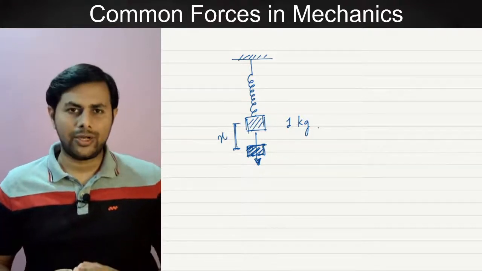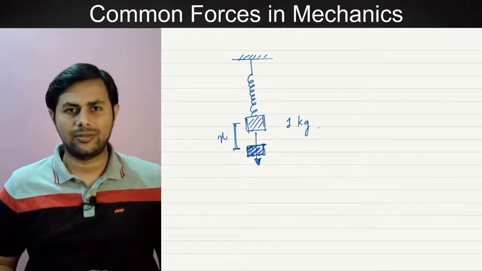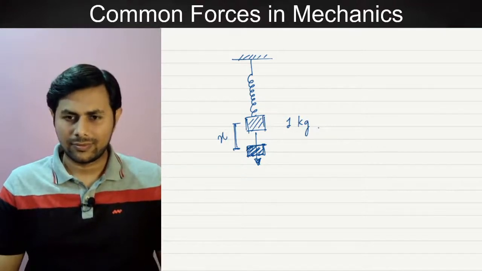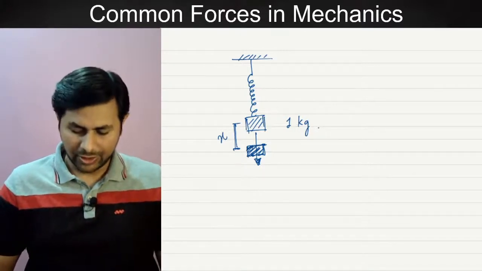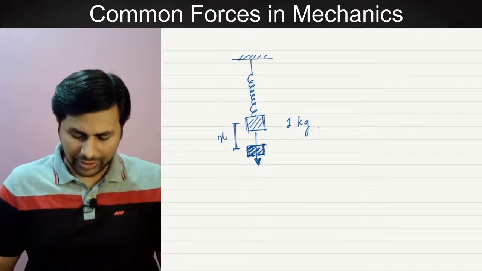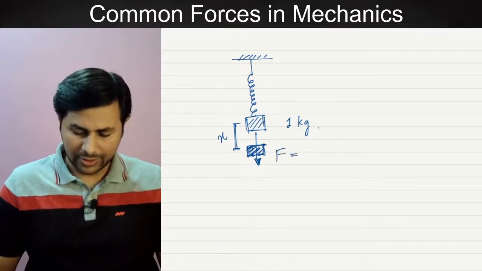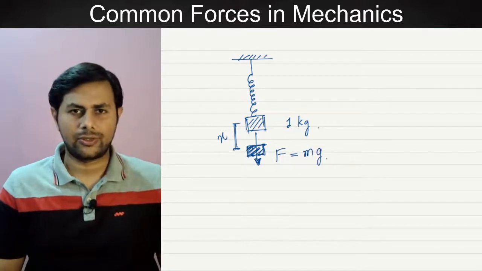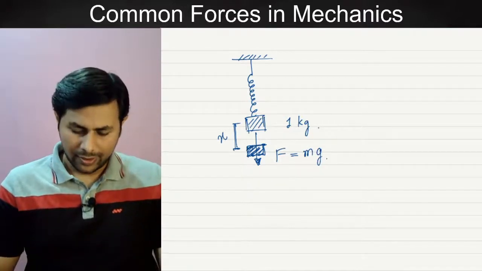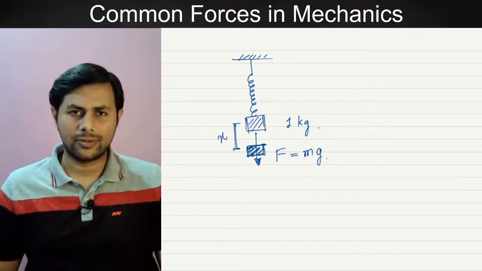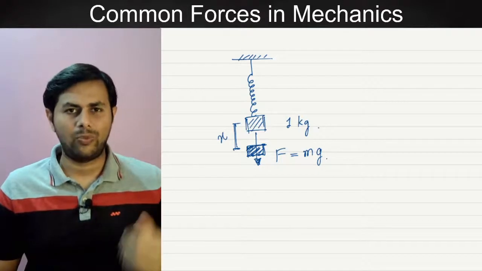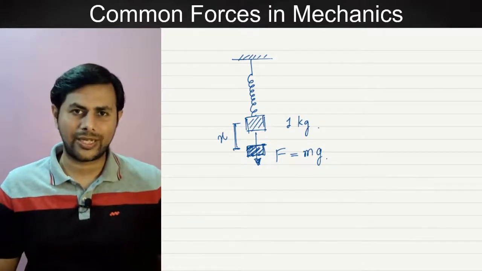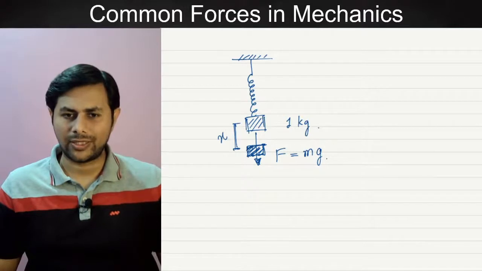So how much will be the elongation for a mass of 2 kg? For 1 kg, the gravitational force is equal to what? The gravitational force acting downwards is m into g. If g is, let's say, 10, the gravitational force is 1 times 10, that is 10 newtons. So how much will be the gravitational force for a mass of 2 kg?